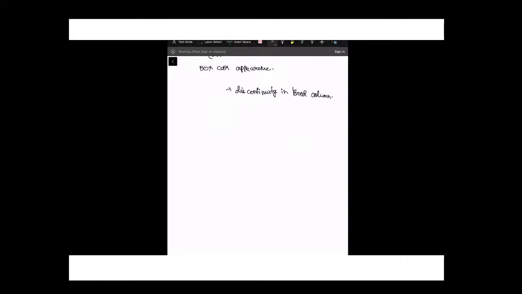Treatment for CRAO is going to be ocular massage. Since it's due to the embolus, this massage can move the embolus out of the artery. So ocular massage.